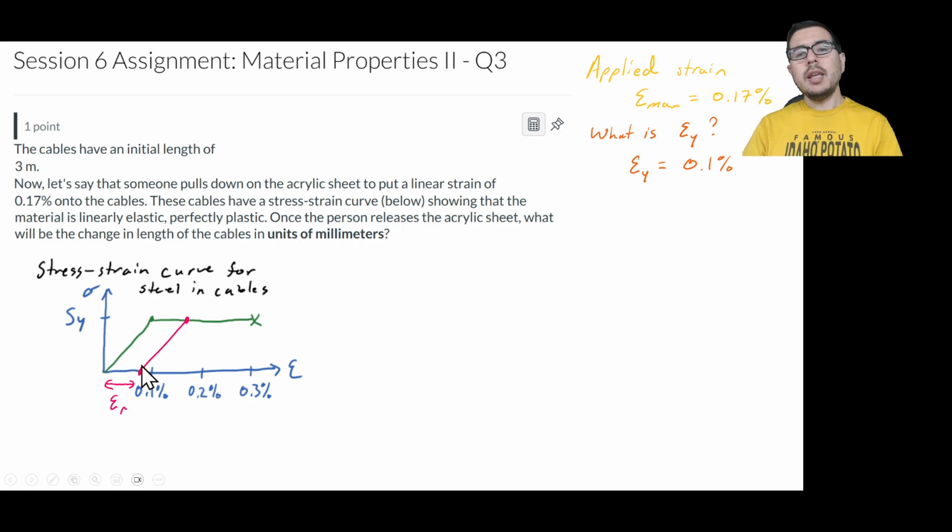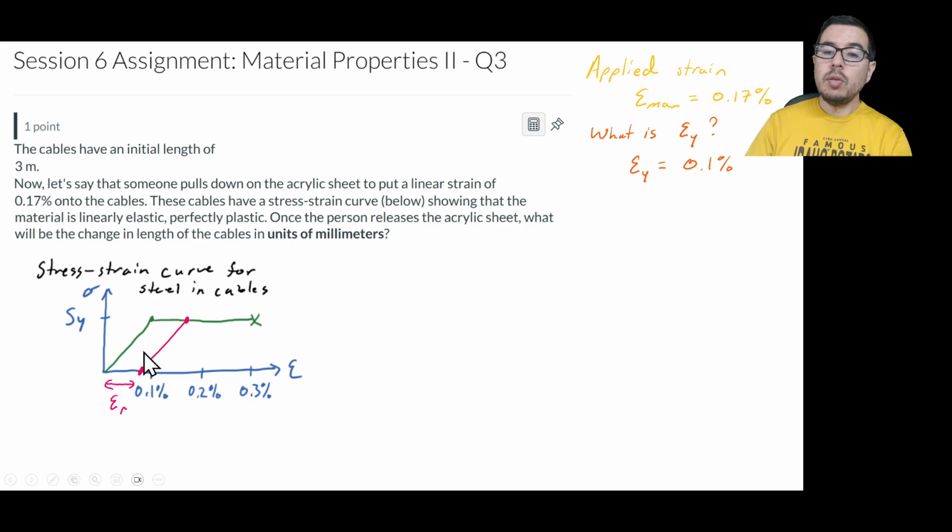Now, in this case, we could attempt to calculate the elastic modulus in a quantitative way if we knew what Sy was, and if we knew what point the yield strain is, and we do know that, but we don't know what the yield strength is.